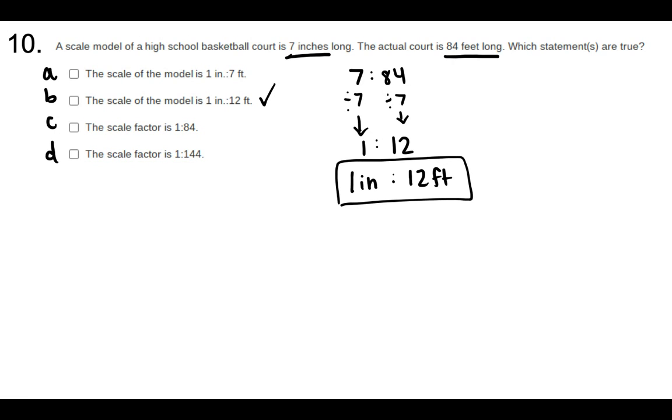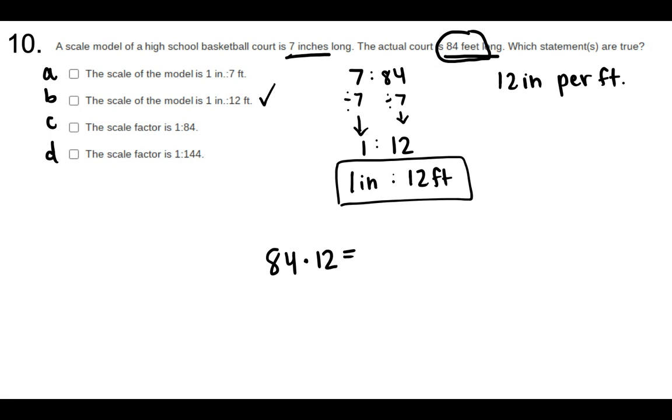Okay, now let's think about if we want to put them all into the same units. So how many inches are in a foot? Well, I know that there are 12 inches per foot. So if I want to convert 84 feet into inches, I'm going to go 84 times 12.